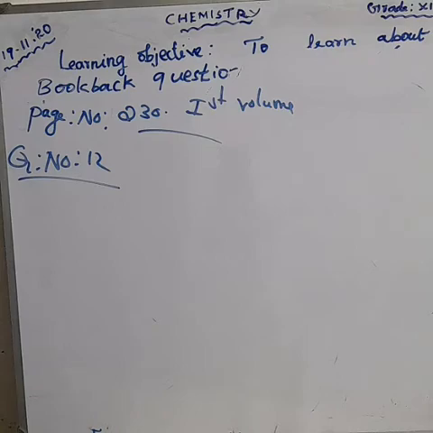The rate is equal to k into X power 3 by 2 and Y power 1 by 2. What is the overall order of the reaction? What is the order of reaction with respect to Z? That's the question. For each term you should write the formula.